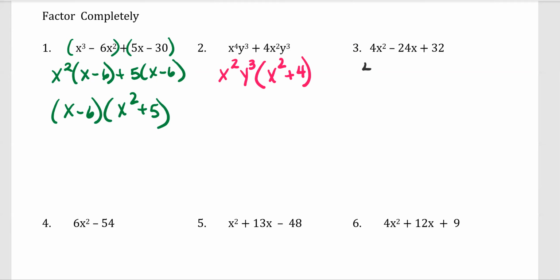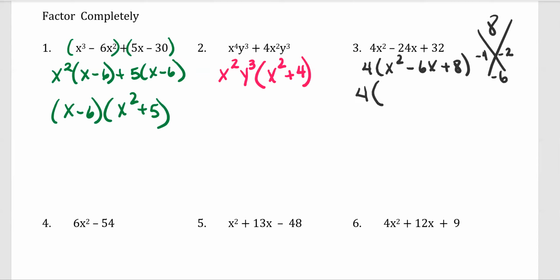Number 3, we have a greatest common factor of 4. And then we need to see if we can find the factors of 8 that add to -6. -4, -2.